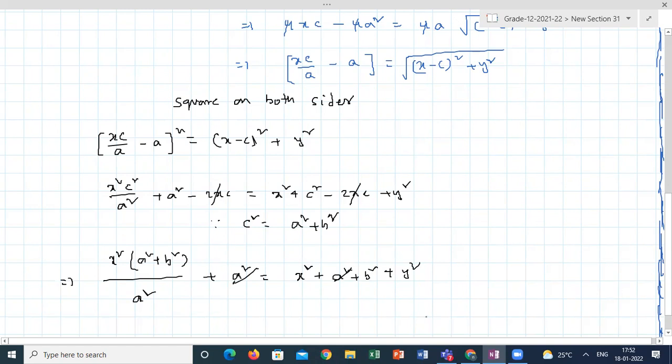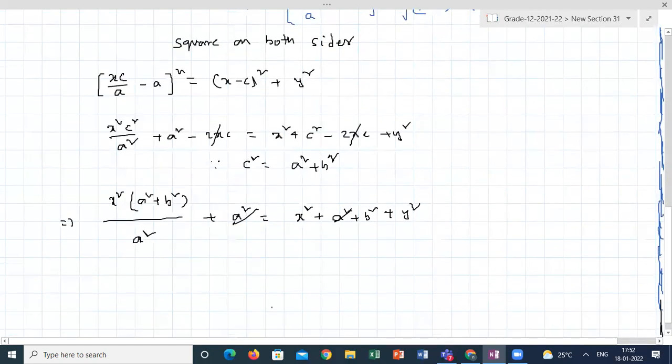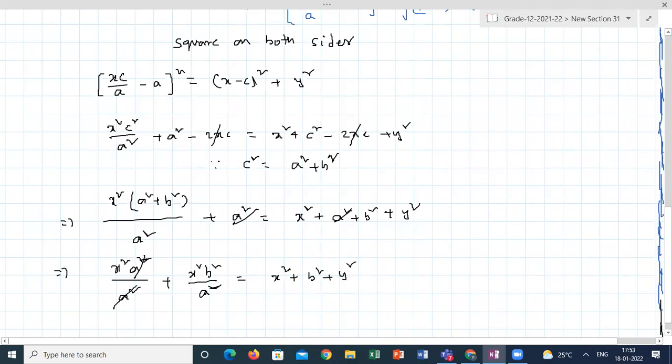This I am splitting into two fractions: x square a square by a square plus x square b square by a square is equal to x square plus b square plus y square. A square cancels. So it will become x square plus x square b square by a square is equal to x square plus b square plus y square. x square cancels.